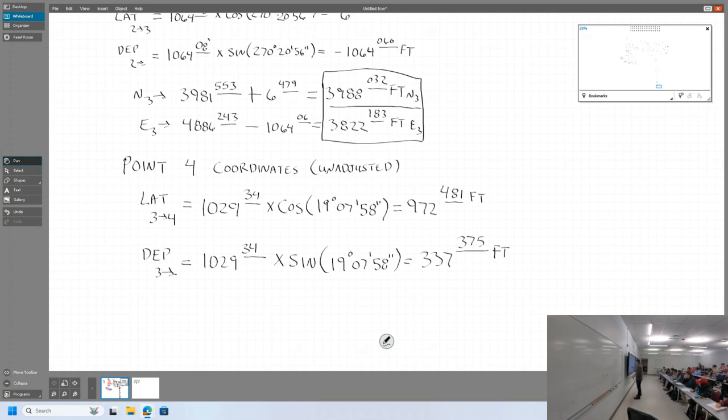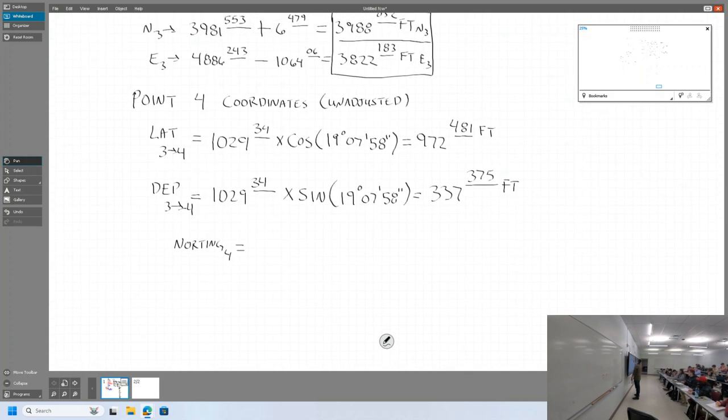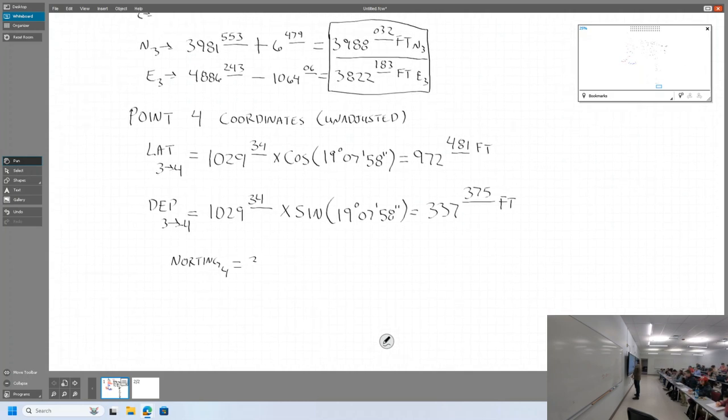So if we go to do the 4, coming off our coordinates from point 3, the northing is going to be equal to the northing of 3, 3988.32, added to that latitude, 972.481.